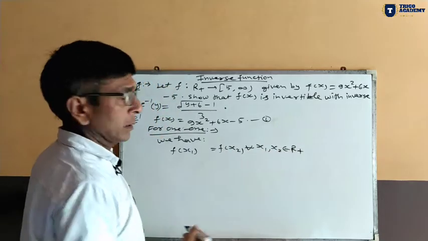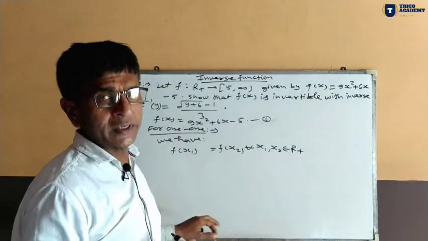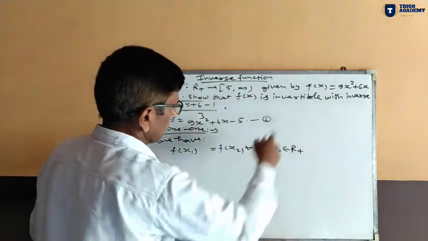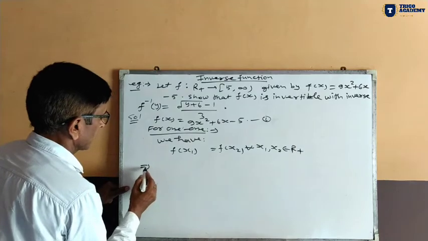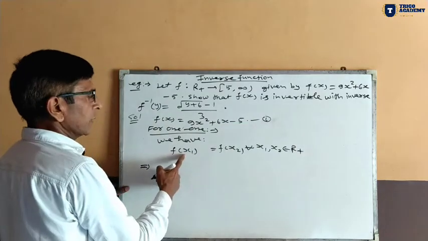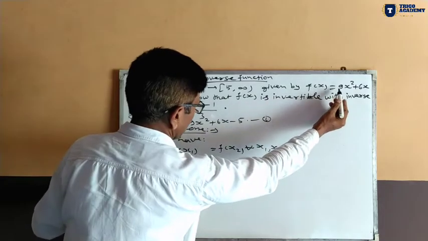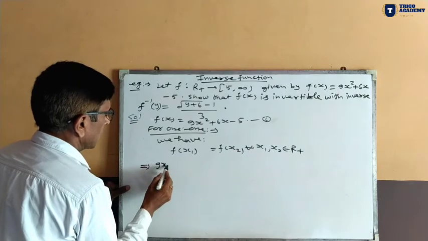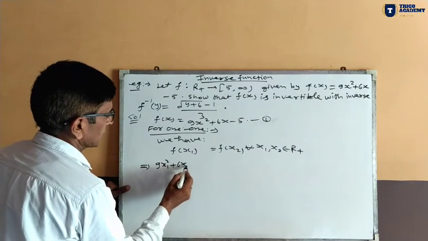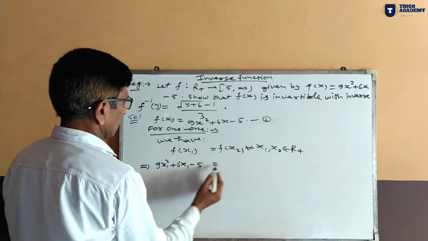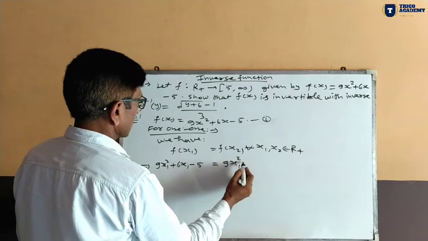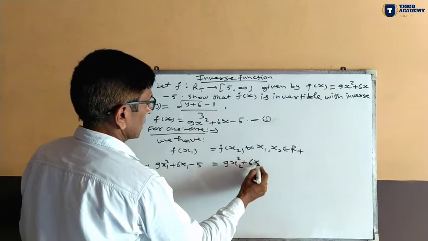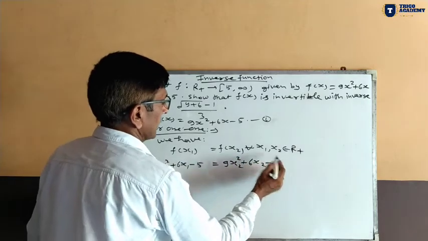R positive means x1 and x2 are two positive real numbers. Now by definition of function, in place of f(x1) we put the definition of f(x): 9x1 square plus 6x1 minus 5 equals 9x2 square plus 6x2 minus 5.